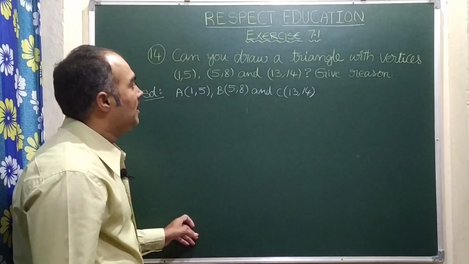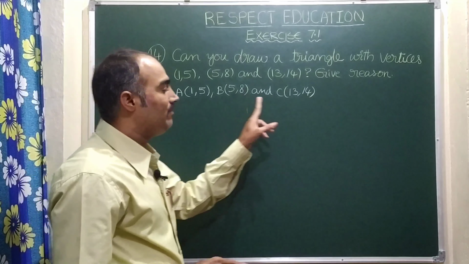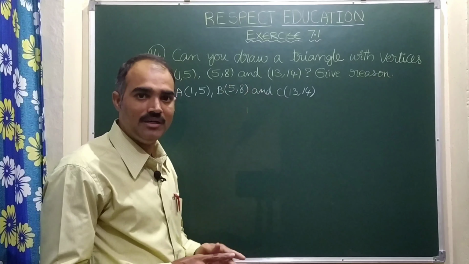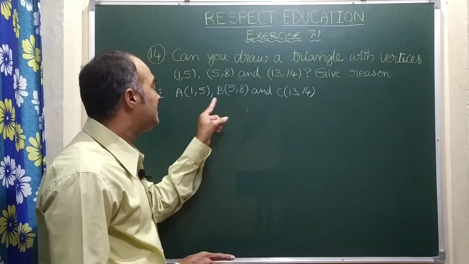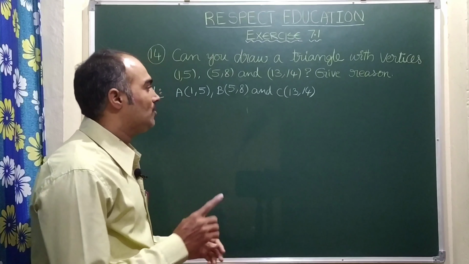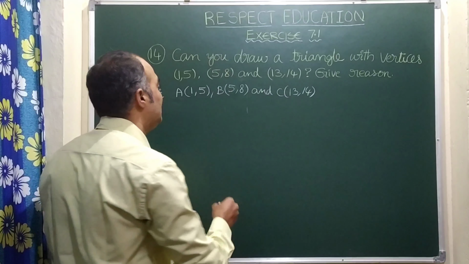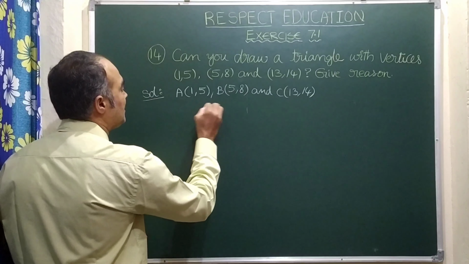Now before checking whether they can be vertices of a triangle or not, first we need to find the distances among them. So let us find the distance between AB, BC and then CA, right? But before that, we read the distance formula.